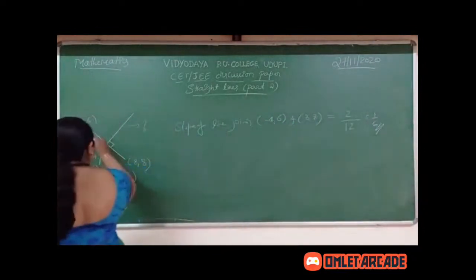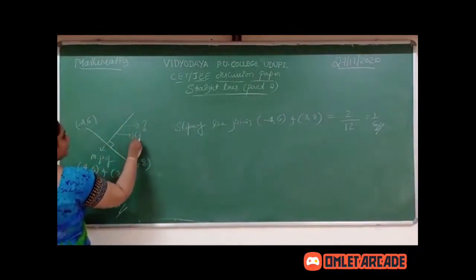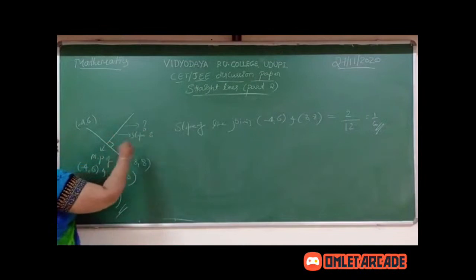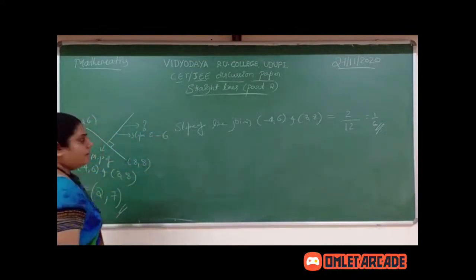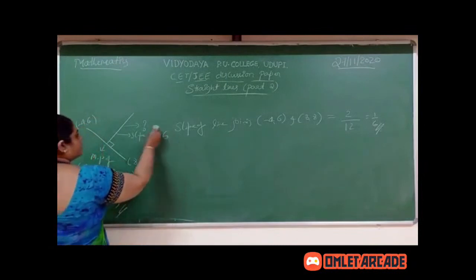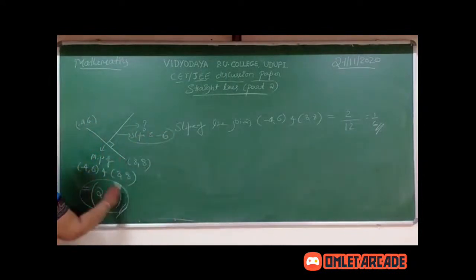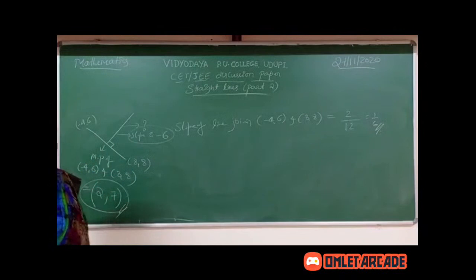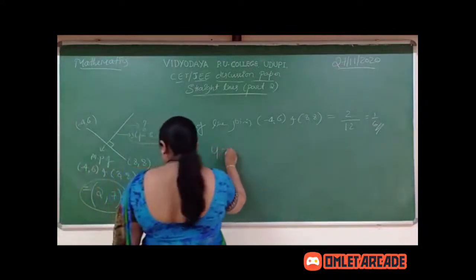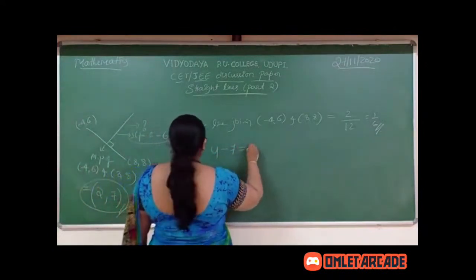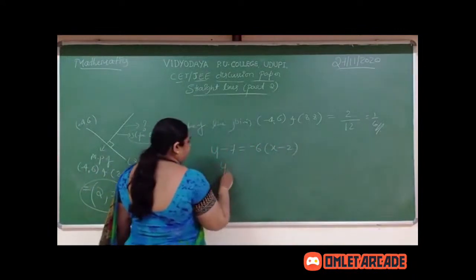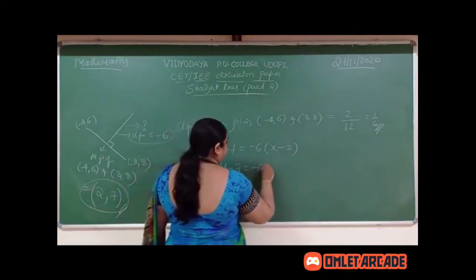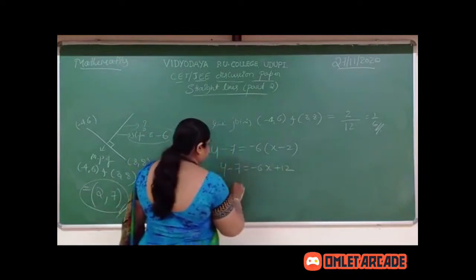Then if it is the slope of this line, then the slope of this line will be what? It's the negative reciprocal, is it? Minus 6. So very simple, students, we have the slope, we have a point. Now can you find the equation of the line? So y minus 7 is equal to minus 6 into x minus 2. So y minus 7 is equal to minus 6x plus 12.